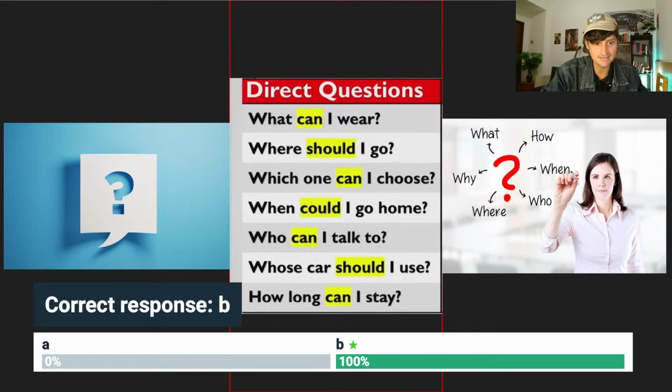Let's see. Okay, everything is working very nicely. Let's see on Facebook if everything is working nicely on Facebook. Right, so here, that's your challenge, is to, in the chat, write these direct questions in an embedded question, in an indirect question.